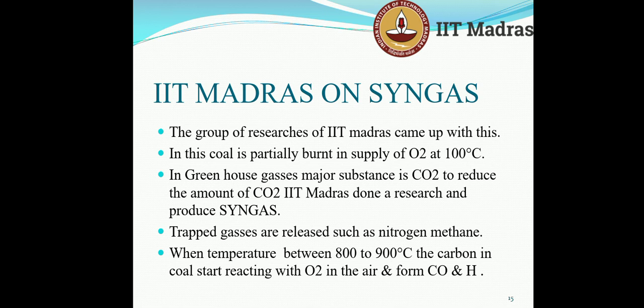Trapped gases are released, such as nitrogen and methane. When the temperature is between 800 to 900 degrees centigrade, the carbon in coal starts reacting with O2 in the air and forms CO and hydrogen. This is called syngas formation. The mixture of CO and H2 is called syngas.